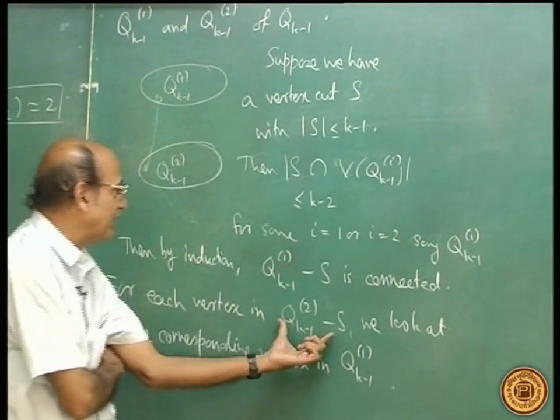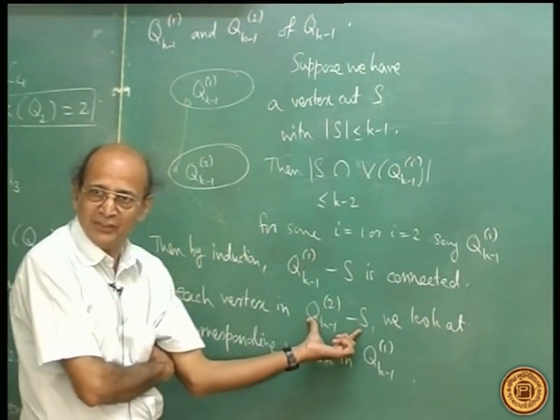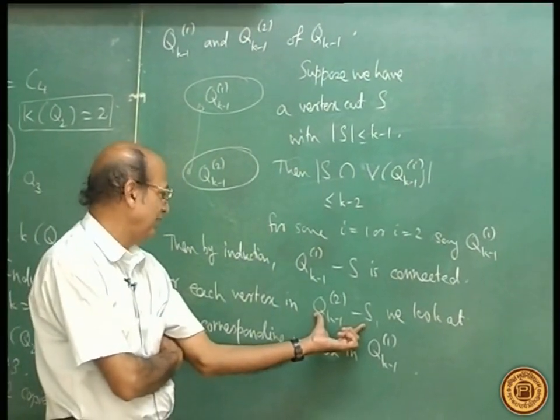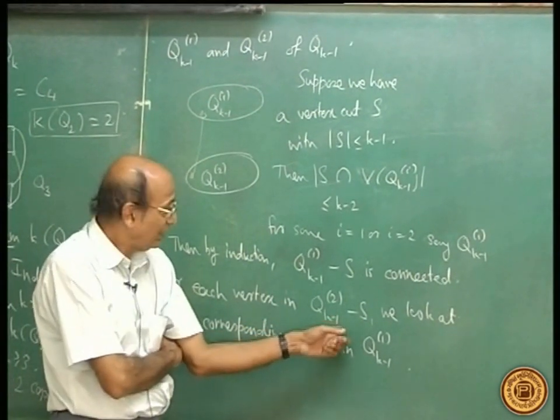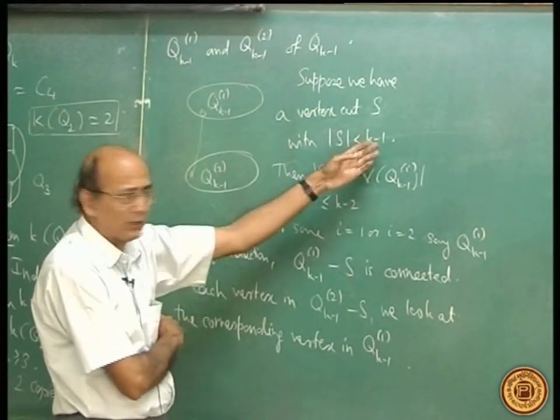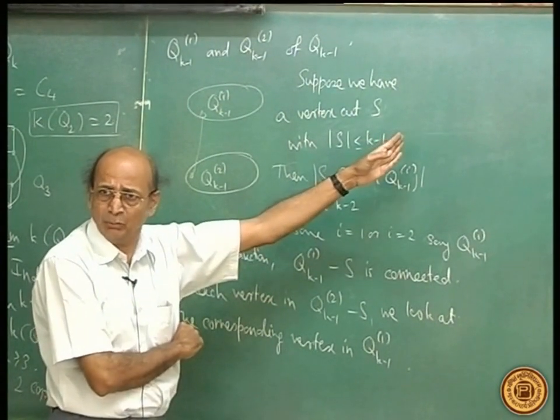How many of these are there anyway? Not too many. This has as many as 2 raised to k minus 1 vertices, out of which you would have dropped only k minus 1, not more than that.